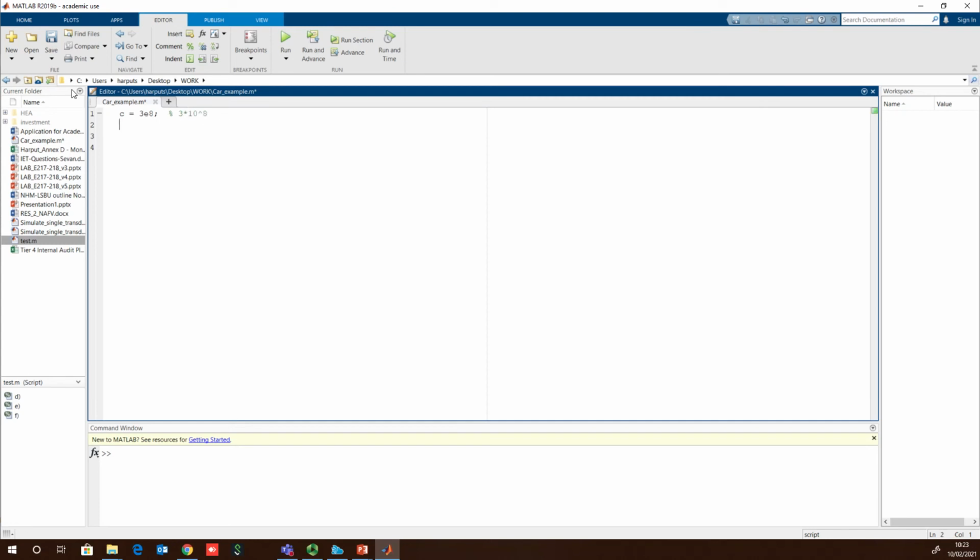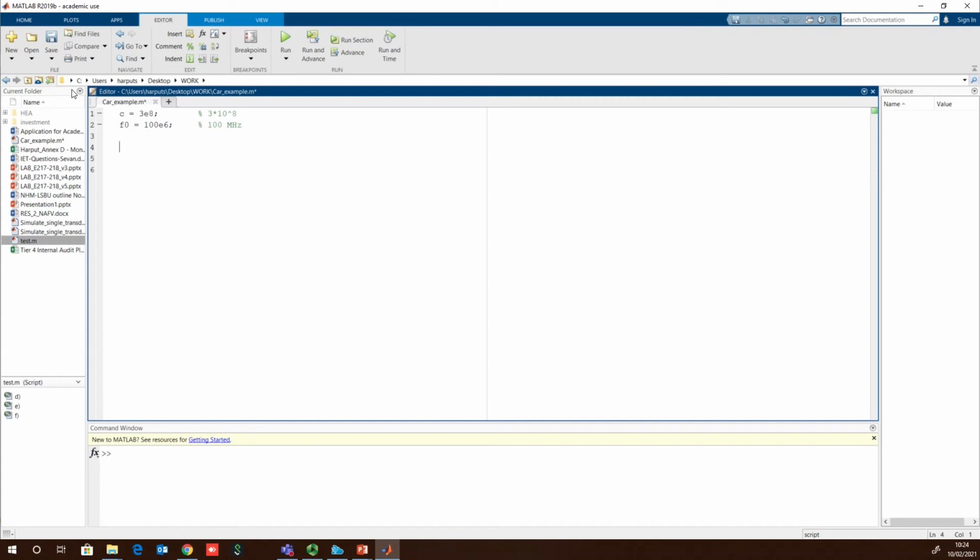We are defining everything in meters per second, so I'm not writing it here, but it's quite easy to remember. The second information given to us is the transmission frequency, which is 100 megahertz. Again, this is exactly the same as before: 100 megahertz, or 100 times 10 to the 6.